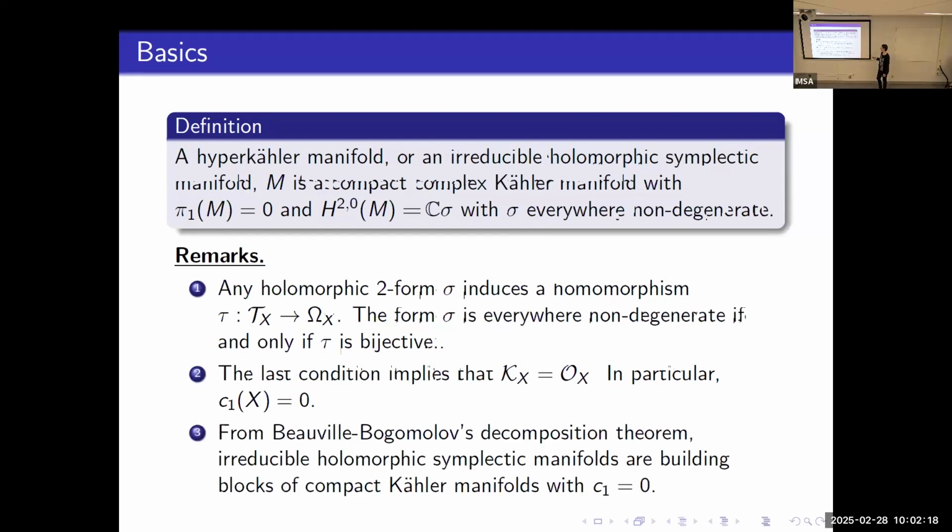And from the Bogomolov decomposition theorem, irreducible holomorphic symplectic manifolds are building blocks of compact Kähler manifolds with vanishing first Chern class, because up to some finite unramified cover, they decompose as products of Calabi-Yaus, hyperkählers and tori.